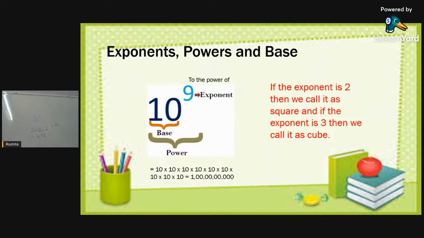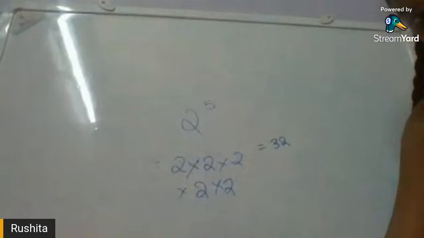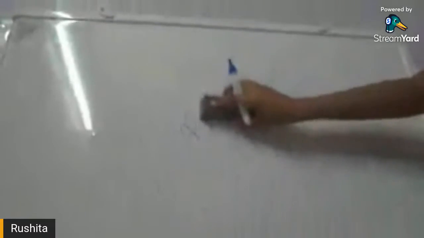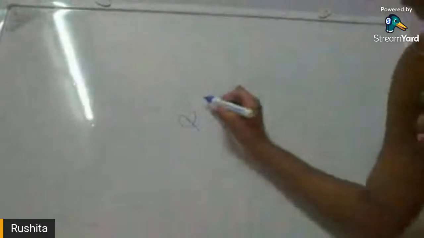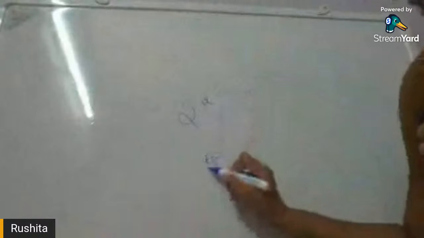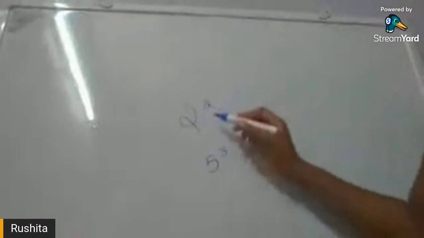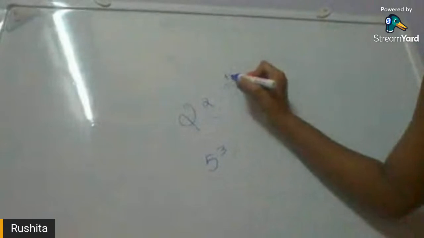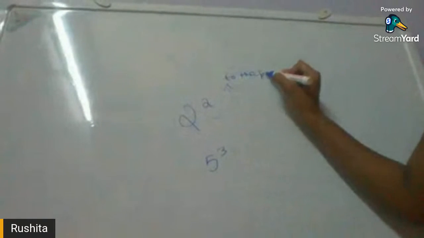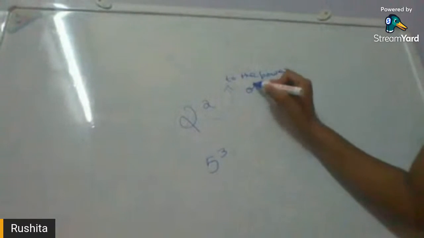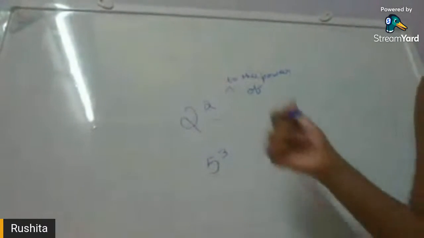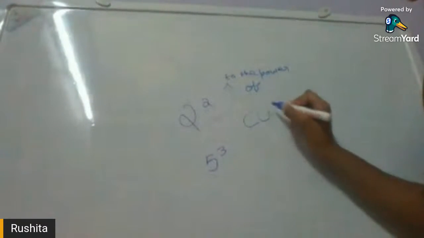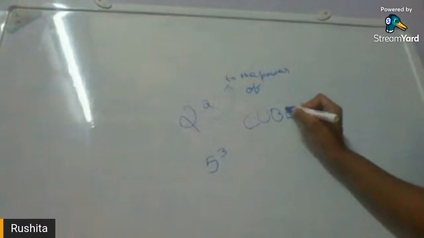Now we can see, in the place of 5 over here, we write 2, and another example, 5 to the power of 3. Now you can call this one with the help of the power, or you can also say it as cube.